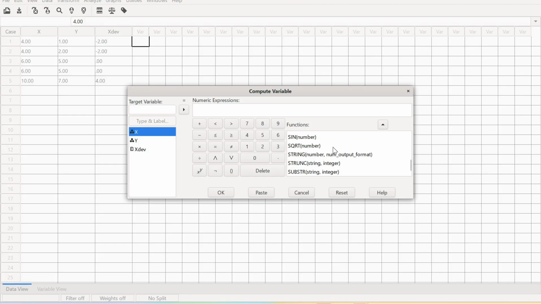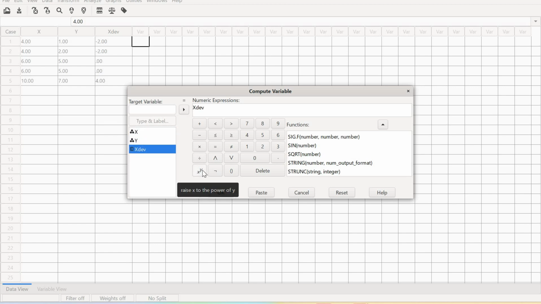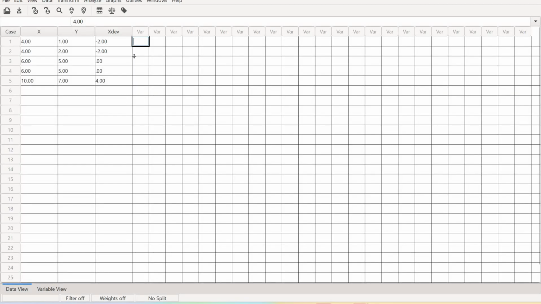Square root, again, guys, square root. Yeah, I wonder if this one would be the... No, it doesn't work.